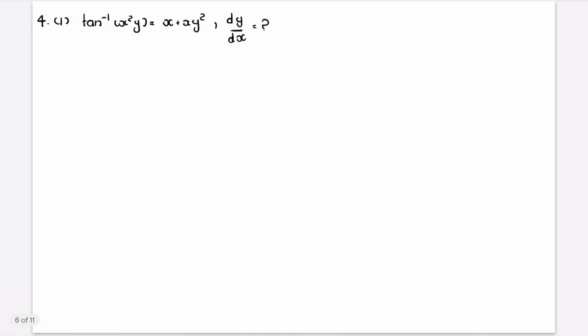Okay, let's move to the fourth question. So it is given we need to find the derivative of y. To find the derivative, the formula is this, just like this, right? dy/dx is equal to minus fx by fy.